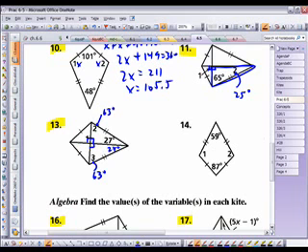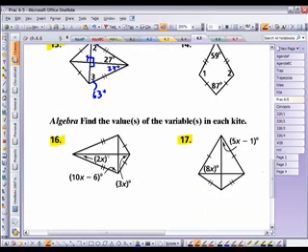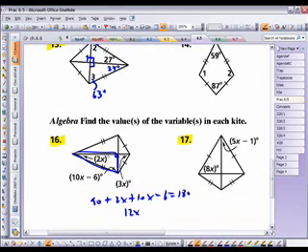Now a little algebra with the kite. This is 90 in here. So if we look at just this triangle here, we can say 90 plus 2x plus 10x minus 6 is 180. And so 12x minus 6 is equal to 90. 12x is 96.